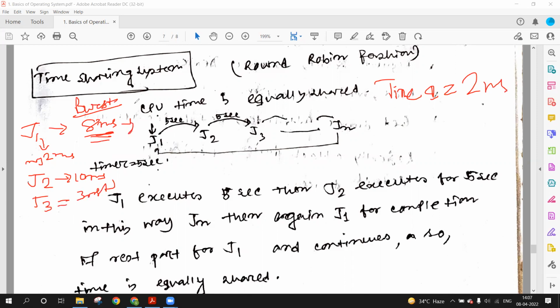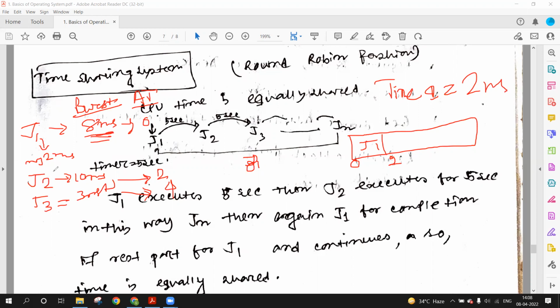Suppose the arrival times are 0, 2, and 4, a simple example. Using a Gantt chart, job 1 can run from 0 to 2.